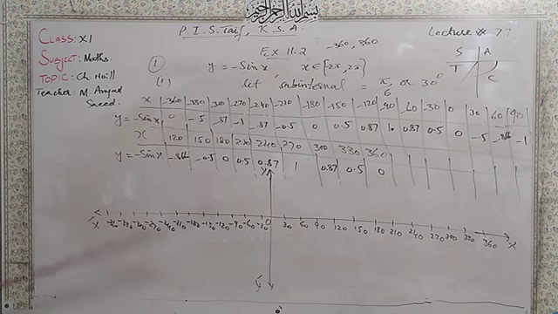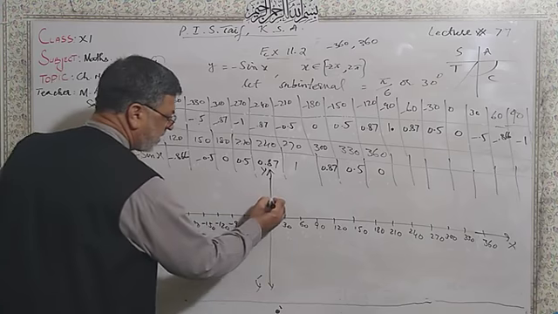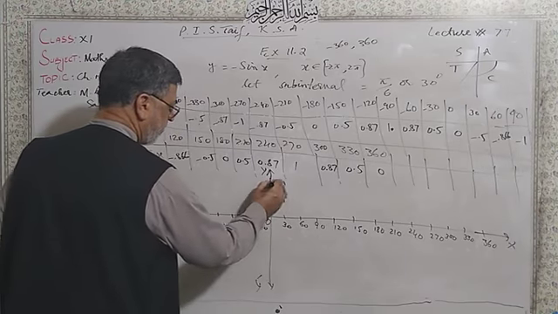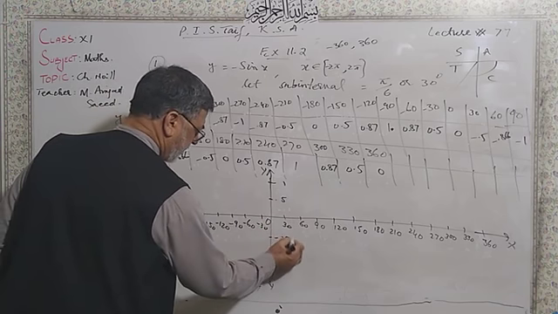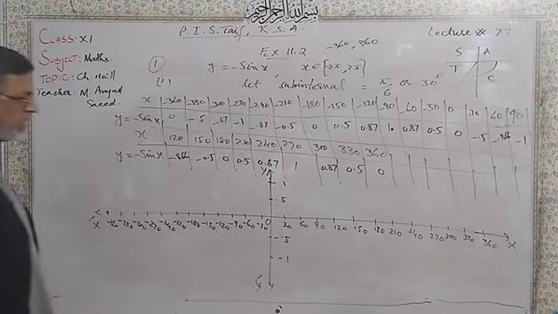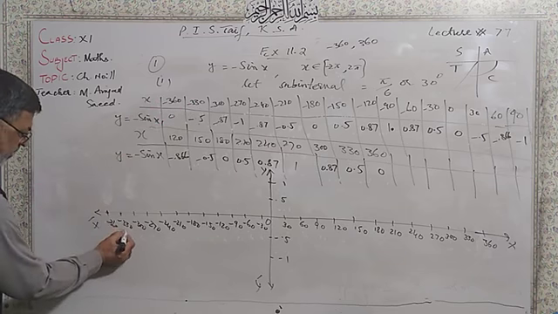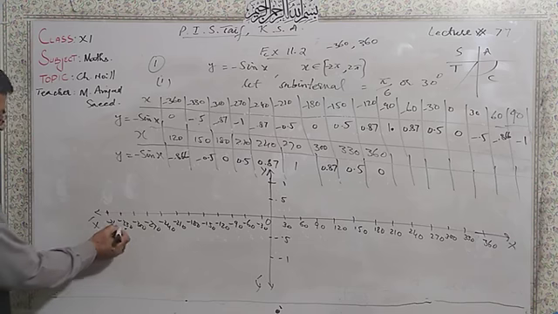Dear students, at minus 360, 0. Here is 0.5 and then 1. Minus 0.5, minus 1. Minus 360, 0. Minus 330, minus 0.5. Here is down, minus 0.5.